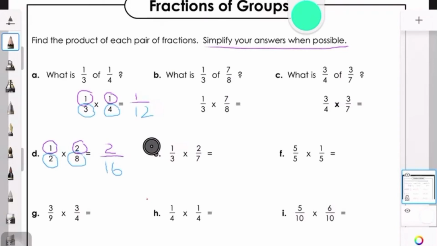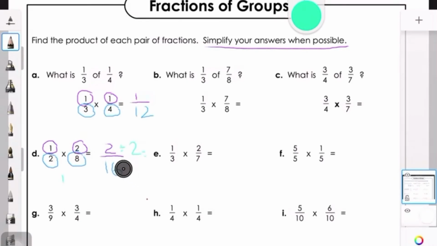So this part should be relatively easy for you, but we'll go ahead and go through it. So we are going to divide the numerator by 2. We are running out of room. I'll write it over here. So 2 divided by 2 is 1.